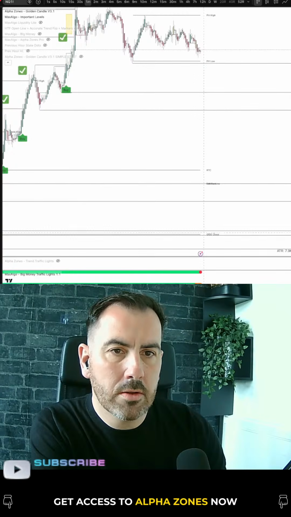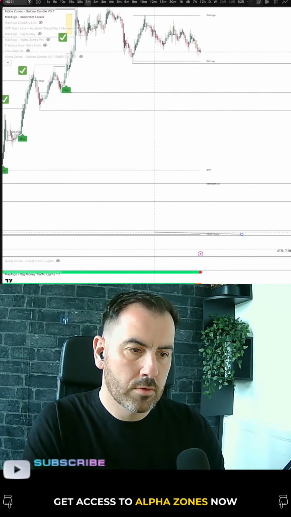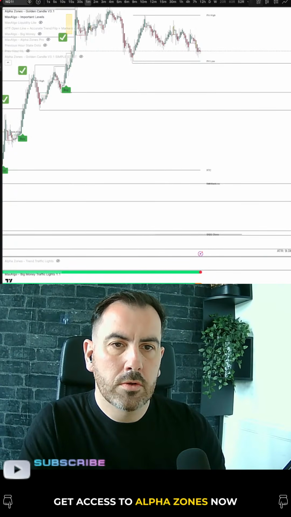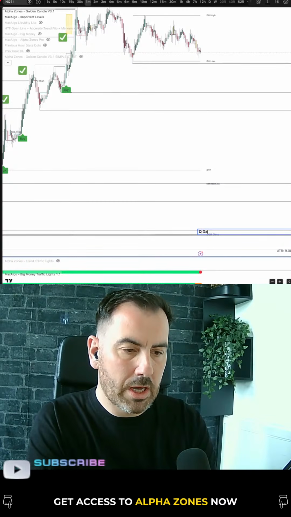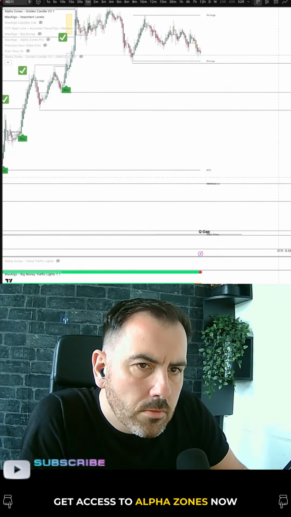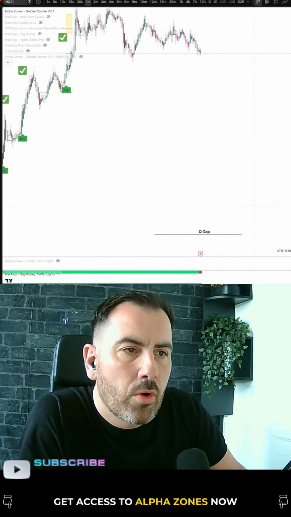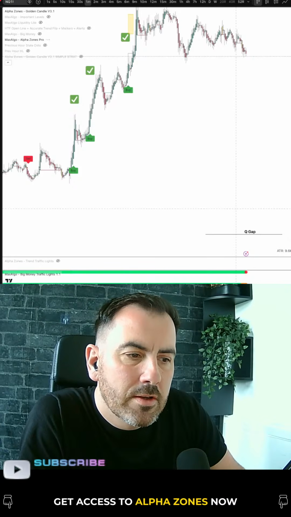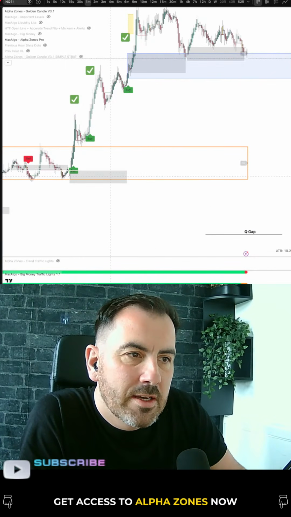Q closed down here. Let's mark it on so I can turn my important levels off. Let's write it on. So here's our Q gap, all the way down here. If I pop on our alpha zones, you'll see our Q opened here. So we've got this big space.